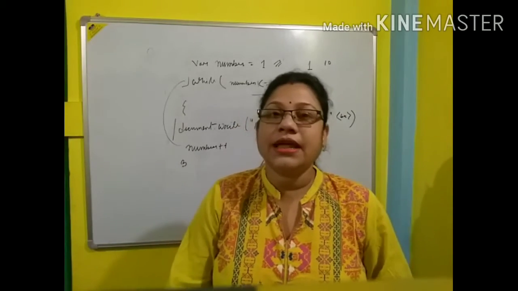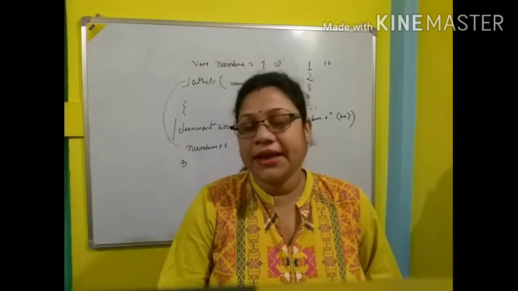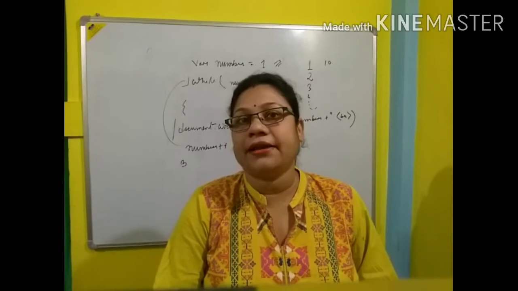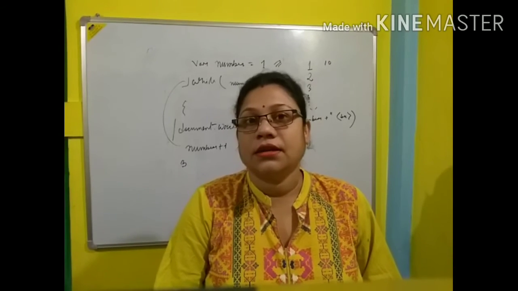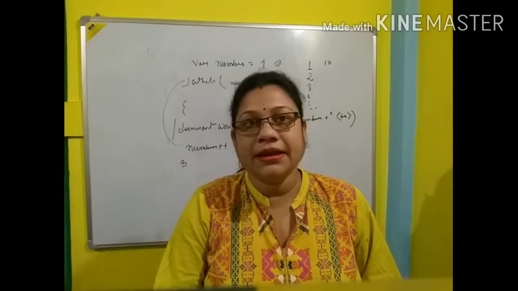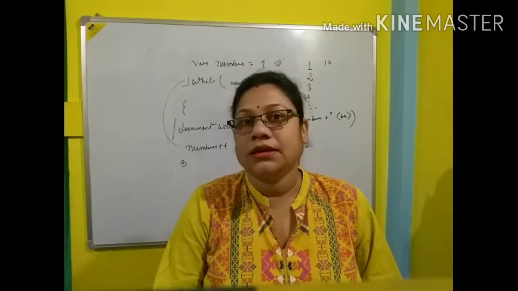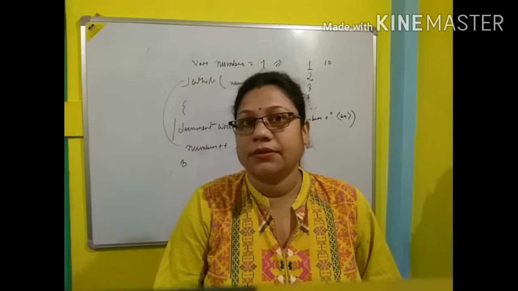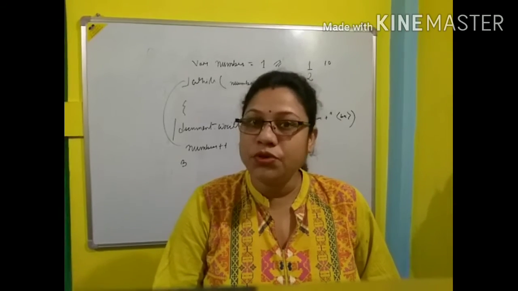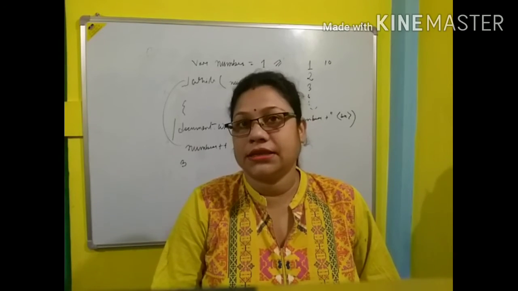Okay, so students, this is the while loop, very easy, but in the while loop the condition is checked first. So if the condition becomes false at the very beginning, the program is not going to be executed. If the condition is true, then it is going to be executed.